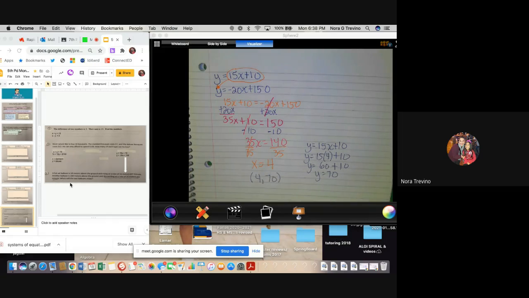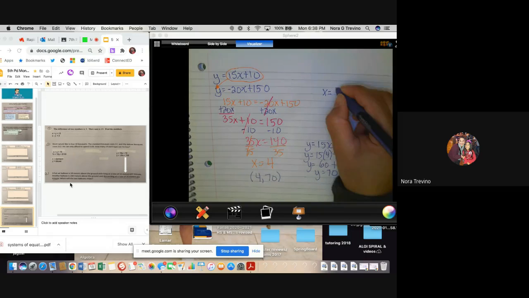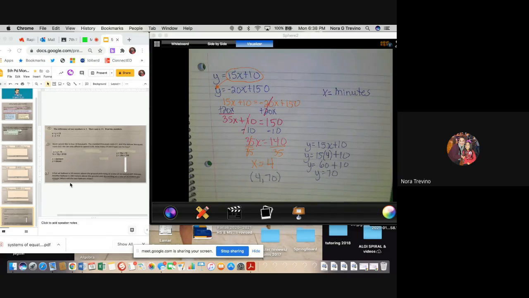So what was it asking for in the first place? It says, when will the 2 balloons meet? And we said that x represented the minutes, because it always says something meters per minute, right?